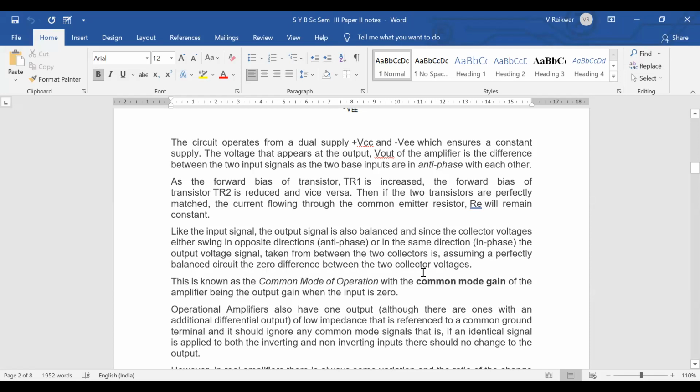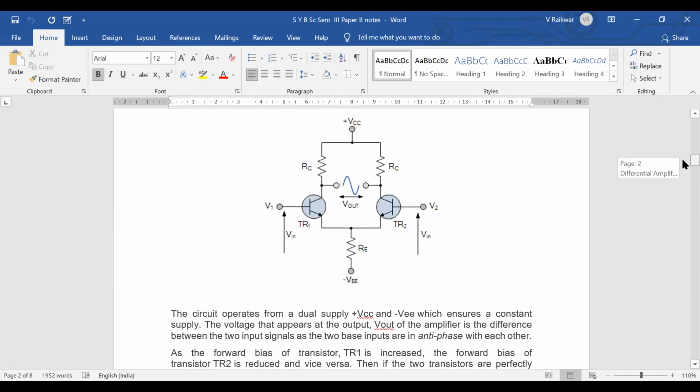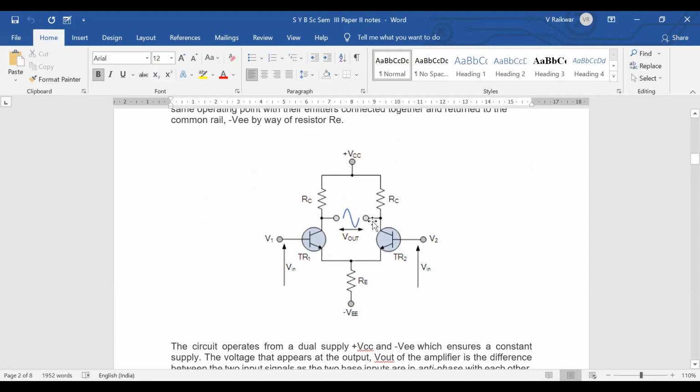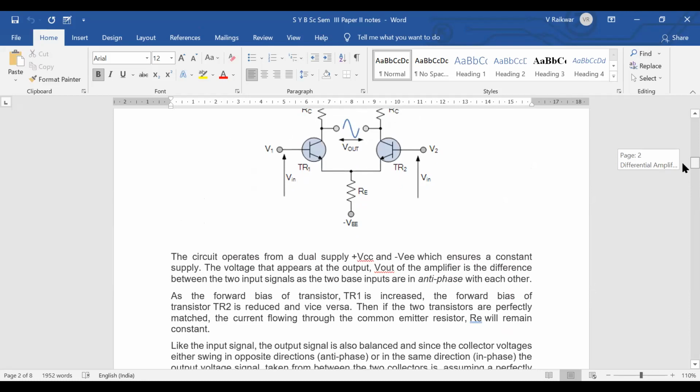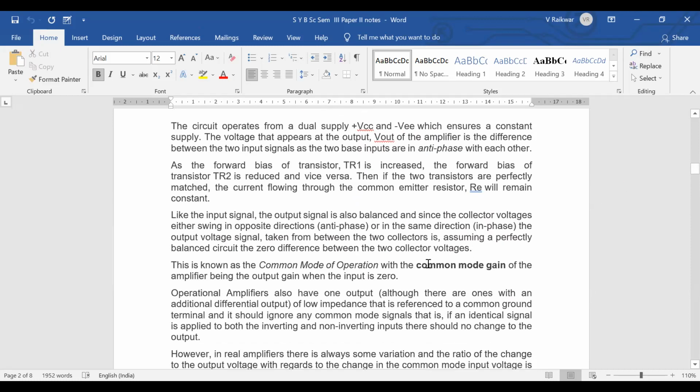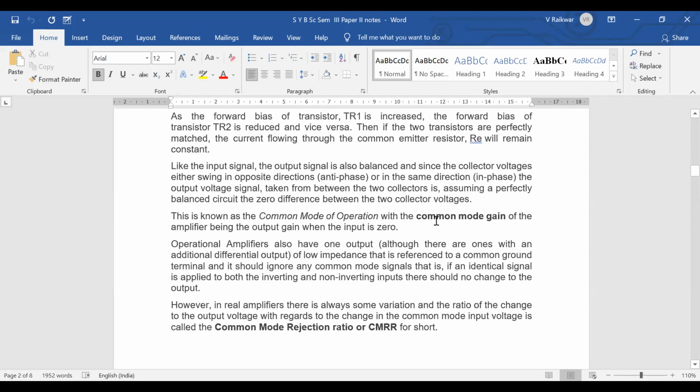If we take the output here between two collectors, and ideally there is no difference between these two voltages recorded at the two collectors, then it is known as common mode gain, the gain of the amplifier when the input is 0. That is called common mode operation with the common mode gain.